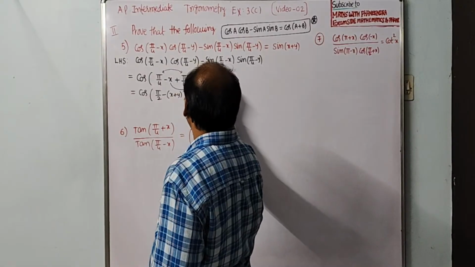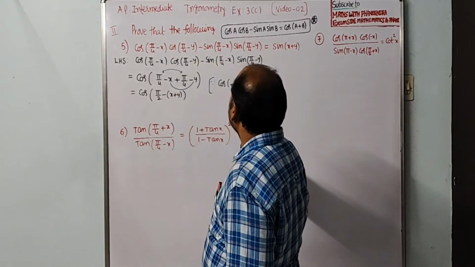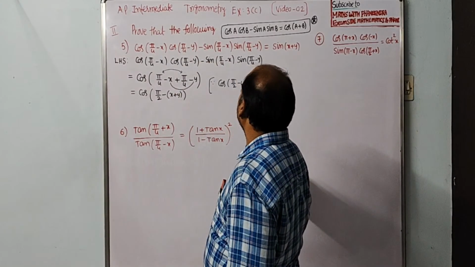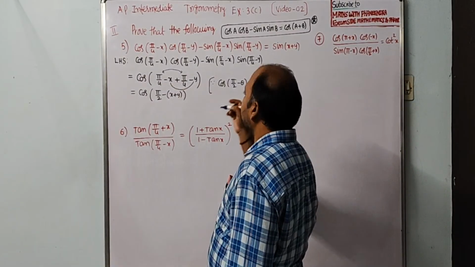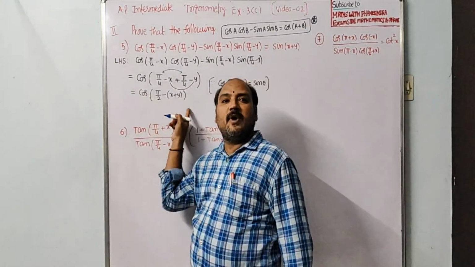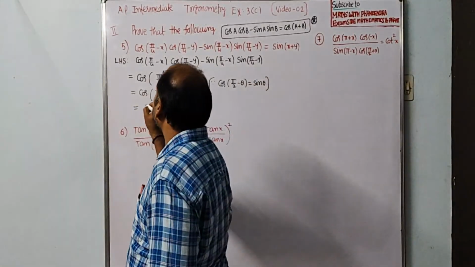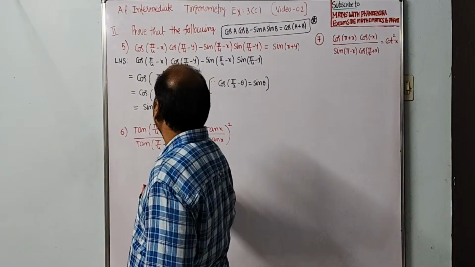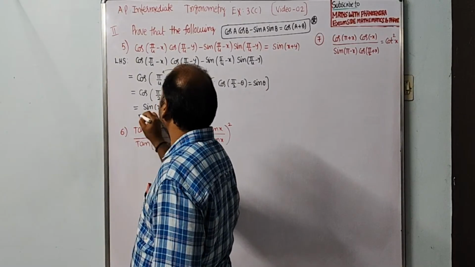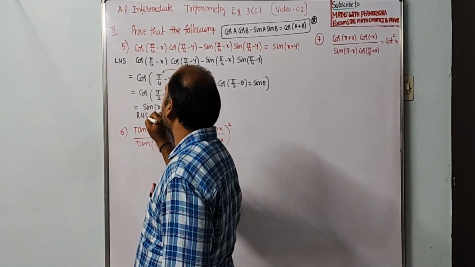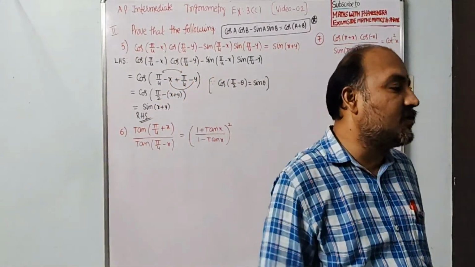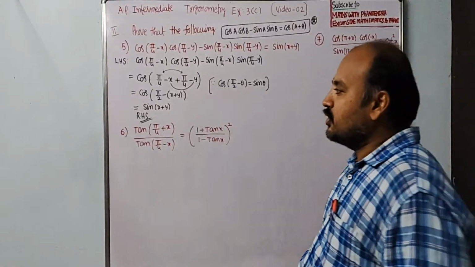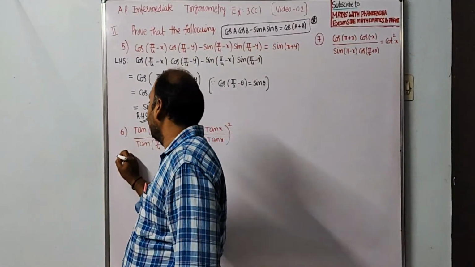We know that cos of pi by 2 minus theta is equal to sine theta. So by using this, cos of pi by 2 minus x plus y is sine of x plus y. It is the required RHS. I hope everyone understands. Okay, dear students, we'll move to question number 6.